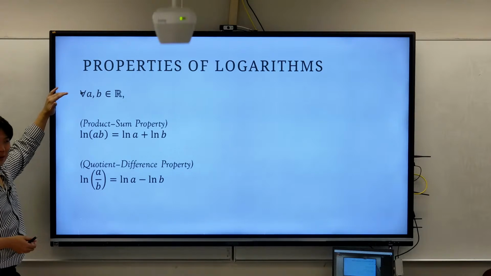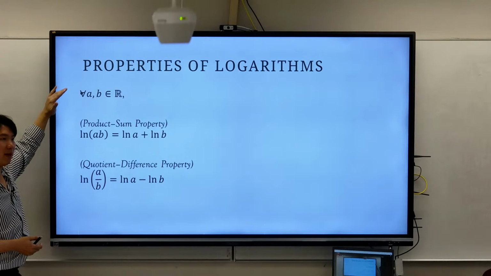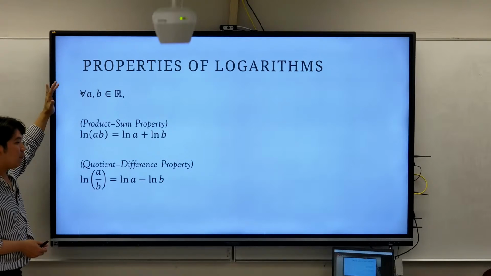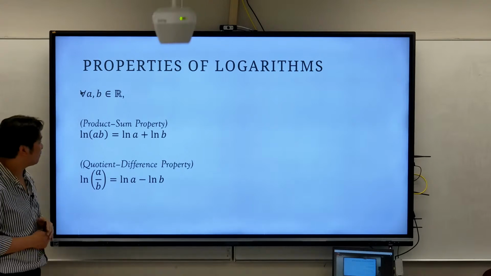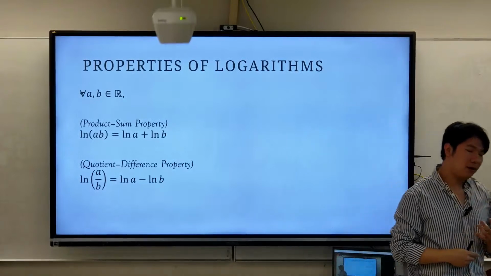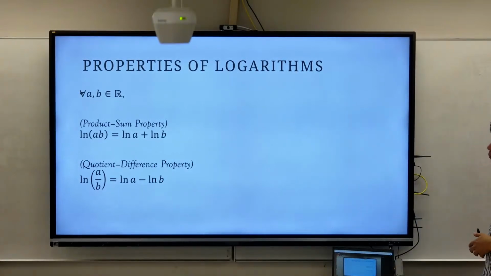Remember that this is just fancy shorthand for saying for all numbers A and B that are real. Or you say real numbers A and B. No matter what they are, then these properties of the logarithm must hold.